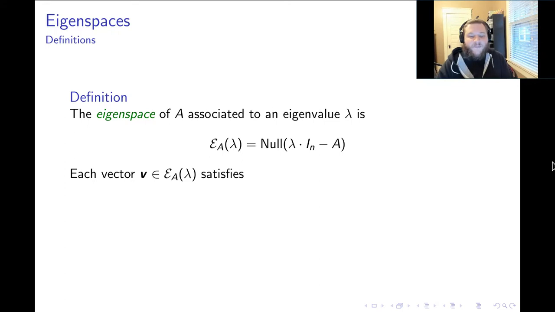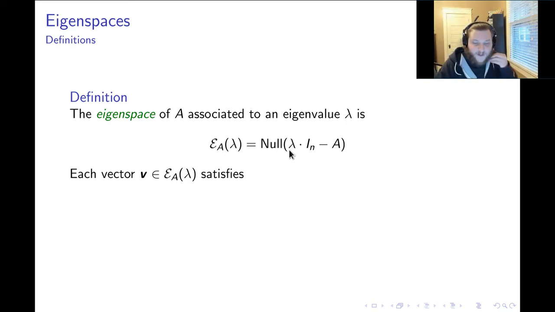And this might seem like an awkward definition, but something amazing pops out of this definition. Every vector v that lives in this eigenspace satisfies what equation? So ask yourself, what equation would this vector satisfy?